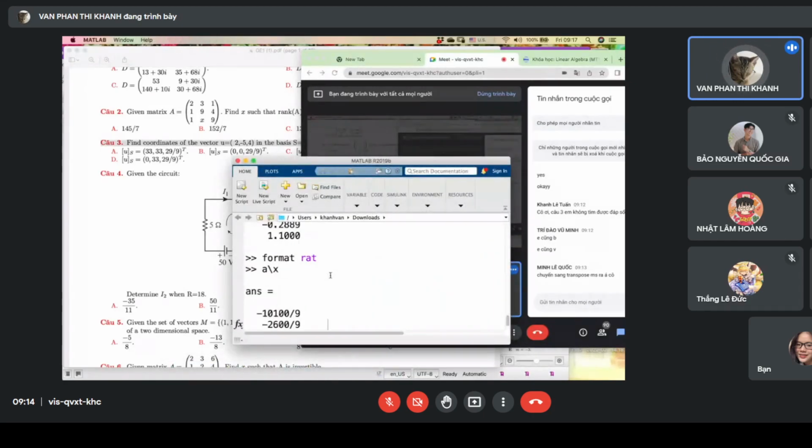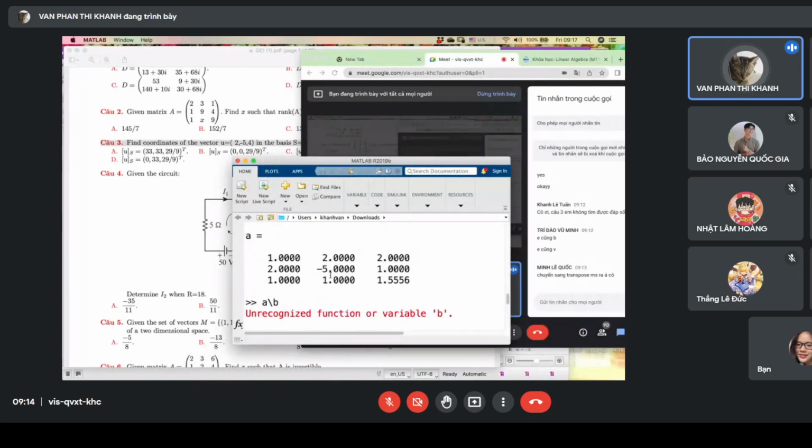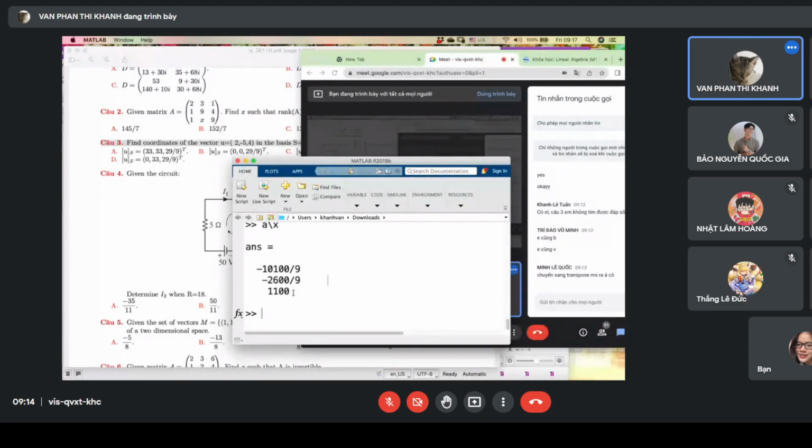I use MATLAB to find it. This is the matrix A, right? And I solved the system and obtained this answer. Do you have the same answer? I use MATLAB, so I don't think it is wrong.